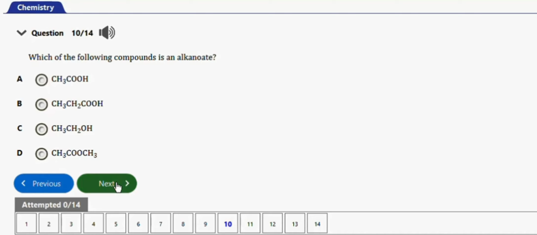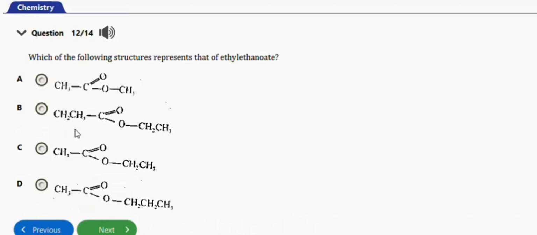Let's repeat the question with this one. It says alkanoates are produced from alkanols by esterification. Option B. So this is an obvious question, so take note of this particular question. Next question will be this one. It says, which of the following structures represent that of ethyl ethanoate?